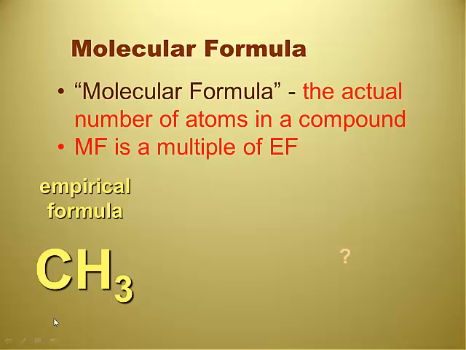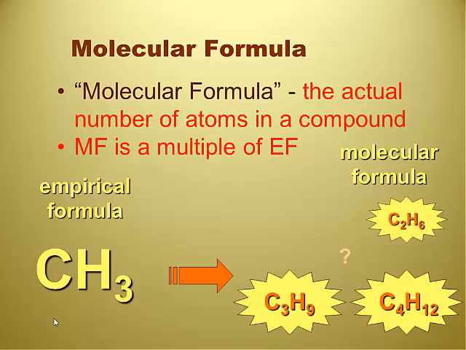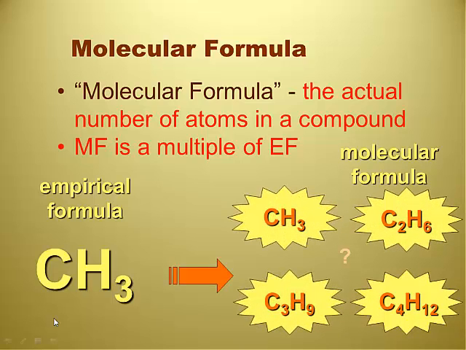There are several options, and matter of fact, you missed one. You missed CH3, because the empirical could actually be the molecular. Right, the empirical and the molecular might be the same formula. Or it could be C2H6 or C3H9 or C4H12. And there's an infinite number of possibilities here.